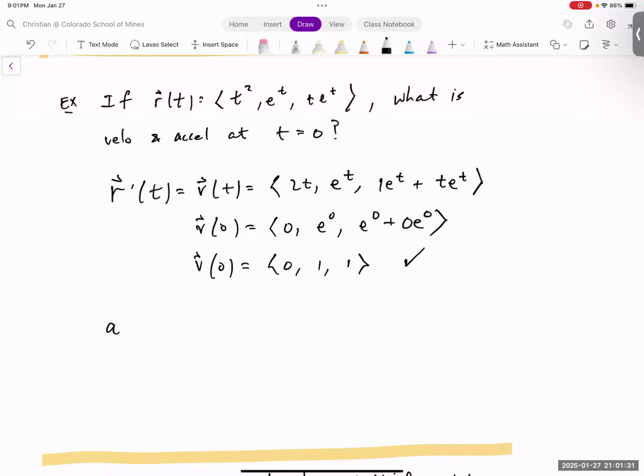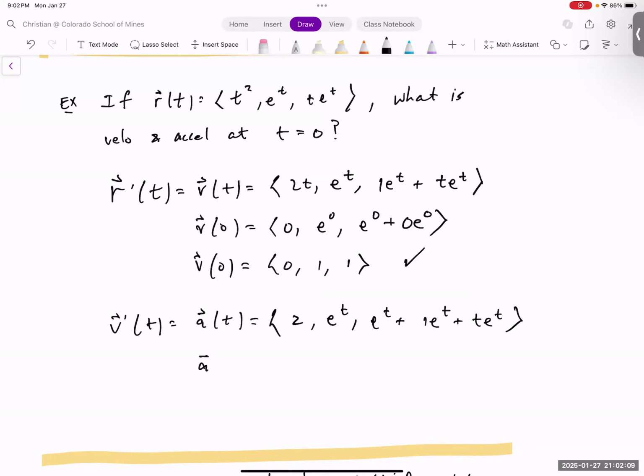Acceleration, that's going to be our second derivative, or our derivative of velocity. Acceleration is the derivative of 2t, e to the t, 1 e to the t plus t e to the t. Derivative of 2t becomes 2. Derivative of e to the t becomes e to the t. Derivative of the last, e to the t plus t e to the t: this piece becomes e to the t, and then the derivative of t e to the t is what we had before, 1 e to the t plus t e to the t.